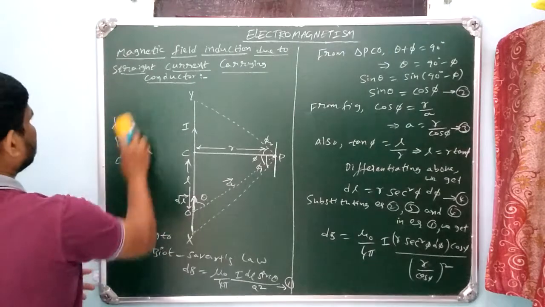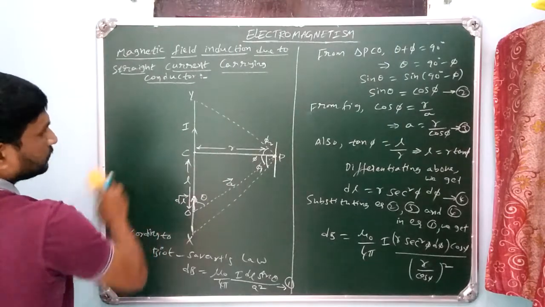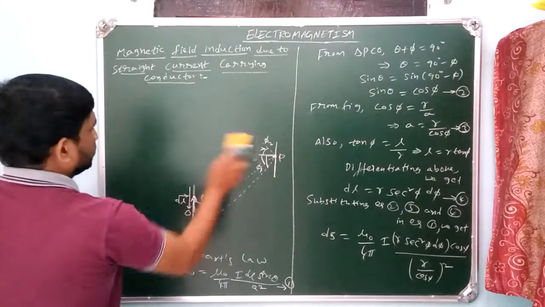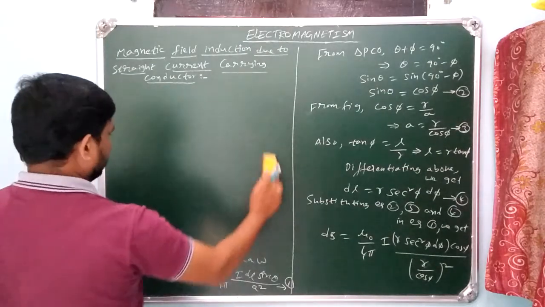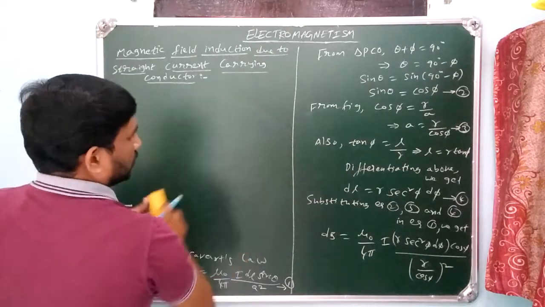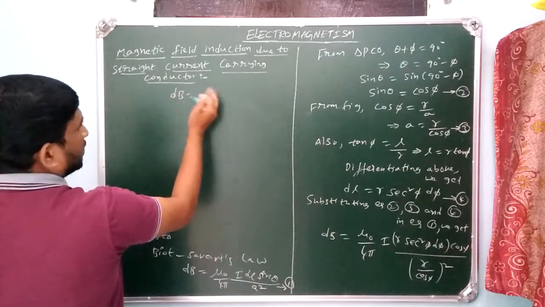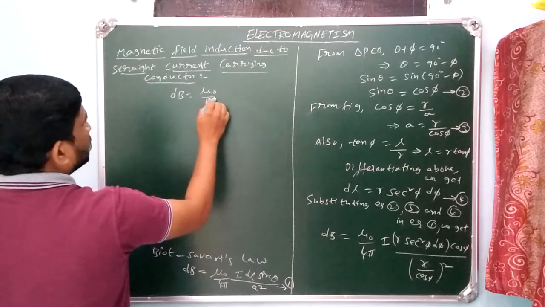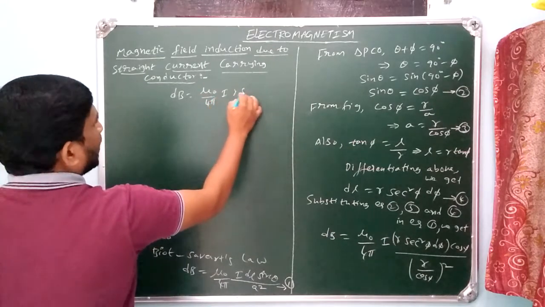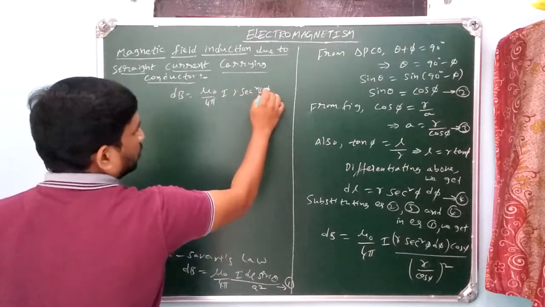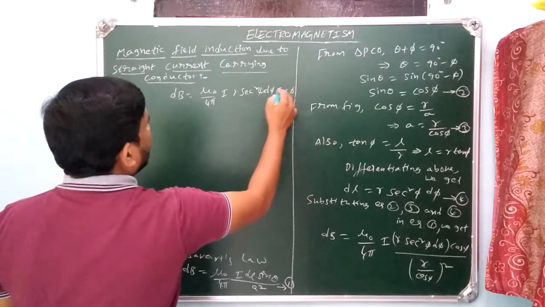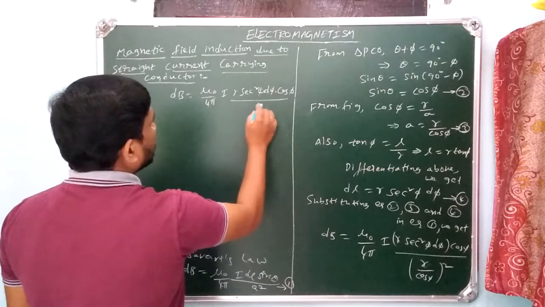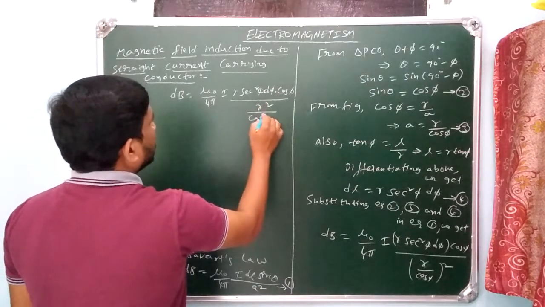Now squaring the denominator here, we are getting dB is equal to mu naught by 4 pi into I into R into secant square phi into d phi into cos phi by r square by cos square phi.